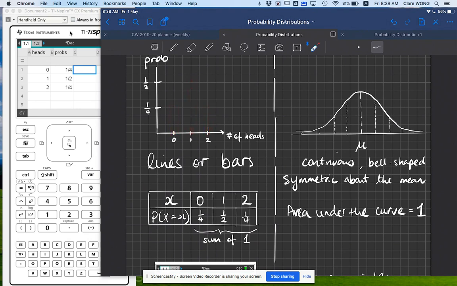Or we can opt to use a bar graph like this. That's 0 heads, 1 head, 2 heads.